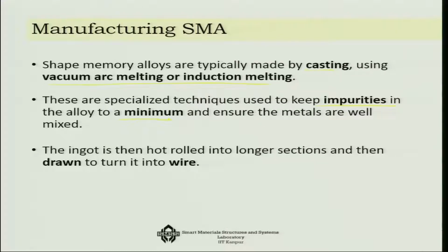So, once you make this at a high temperature and mix it, you make the ingot, then you hot roll it into longer sections and finally you draw it into wire form. That is how we manufacture the SMA wire itself. This is not simply SMA, but the SMA wire itself.